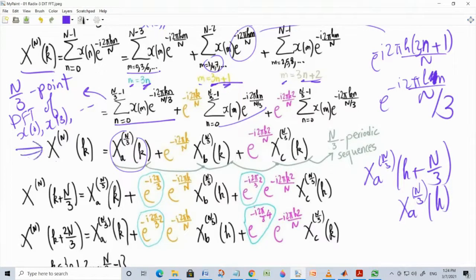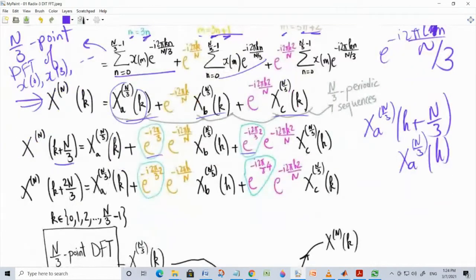Now, if you take this expression and replace k by k plus N over 3, those terms remain unchanged because of this periodicity. But then this k here and this k here will be replaced by k plus N over 3, and so we get extra factors. And the same if we replace k by k plus 2N over 3. And so we look at those 3 expressions together.